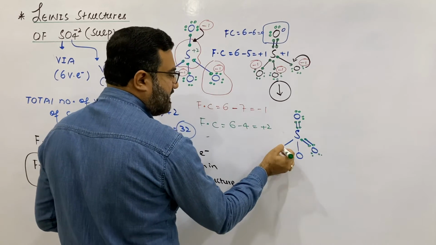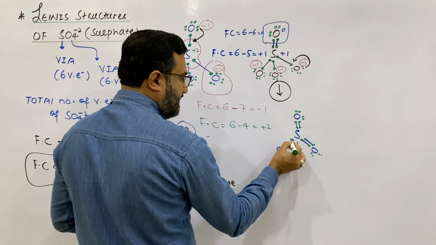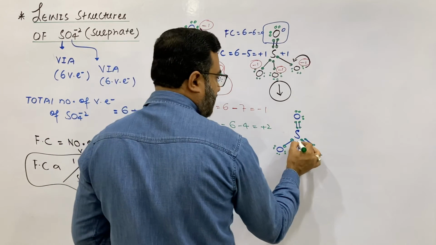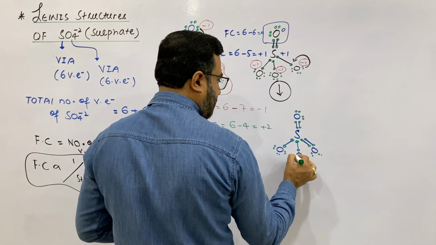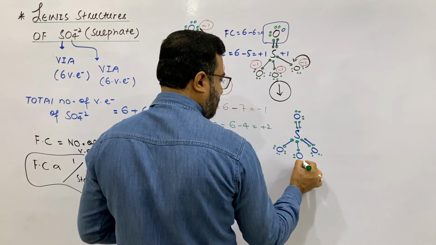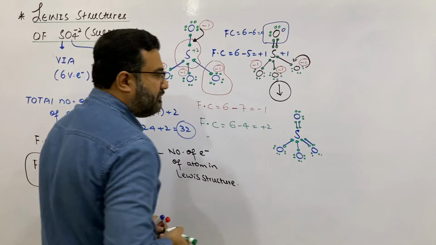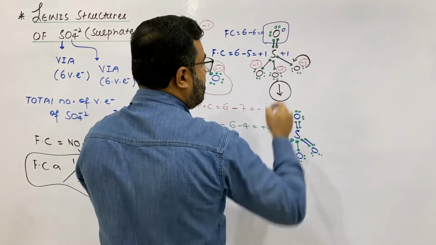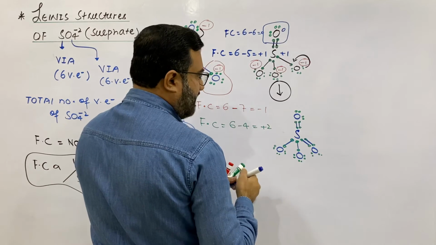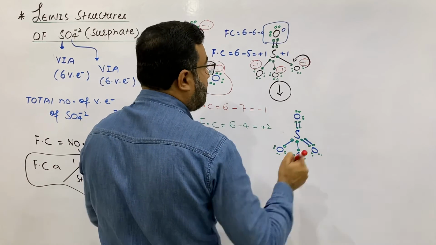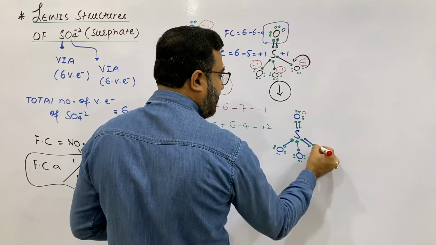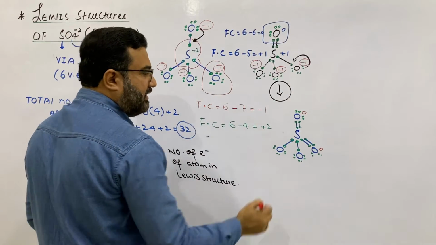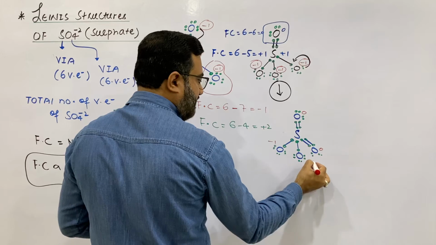But these oxygens are just as before. They will have one bond pair and three lone pairs of electrons. Now, my dear students, when this oxygen made a double bond with the sulfur, its formal charge was 0. And again, the formal charge of this oxygen will be 0, just like we have already calculated. And these two will be -1.